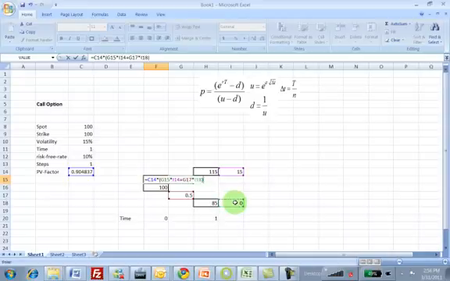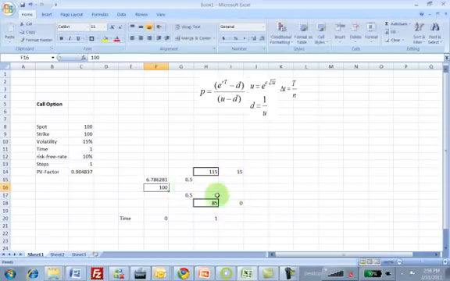There you go. Right. So what I'm basically saying is the value of this option at this point in time is simply the PV factor times the probability times the payoff plus the probability here times this payoff here. If I put this together, the value of the option that I get at this point in time is 6.786281.